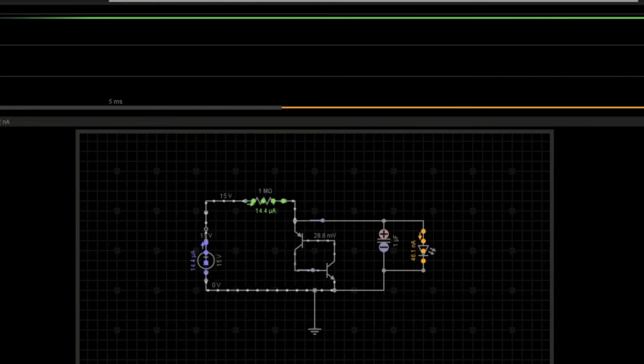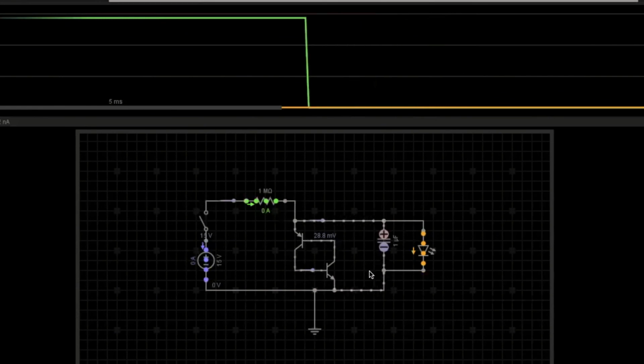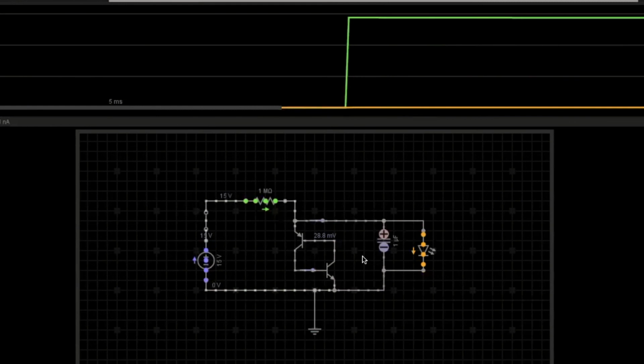As you can see here, the current across the resistor is more or less 15 microamperes, 14.4. Now, if we turn it off, it will discharge the capacitor. See, the flow of the current is backward. Then we turn it on again, it will flow again there.